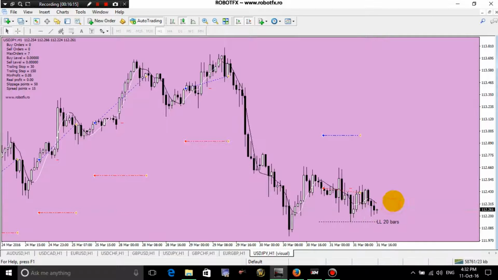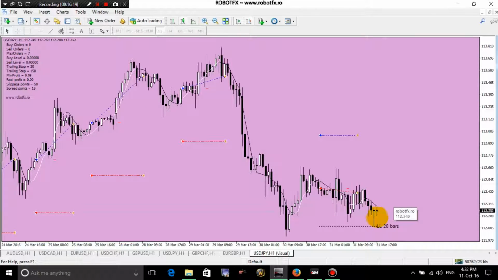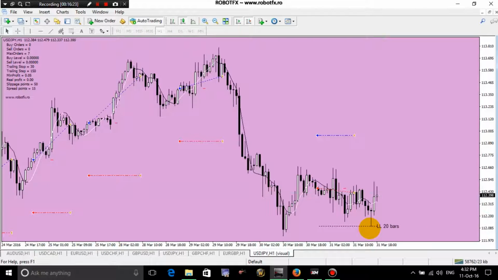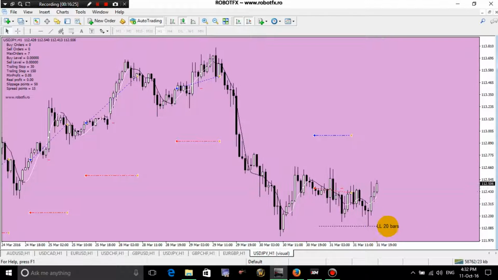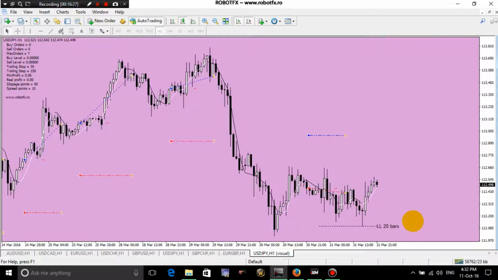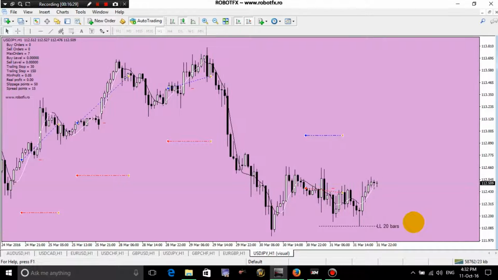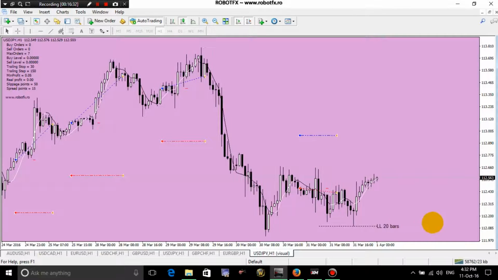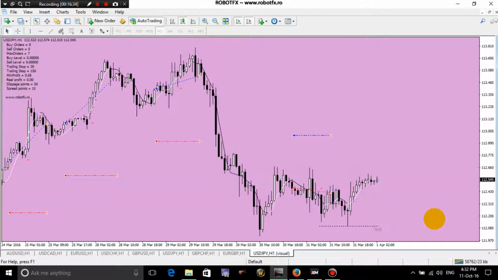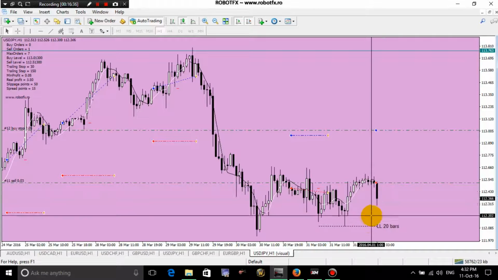The expert advisor is waiting now for the next trigger, the next signal. Again, 20 pips or more away from the last swing. And looks like it's about to happen. Yes, it did.